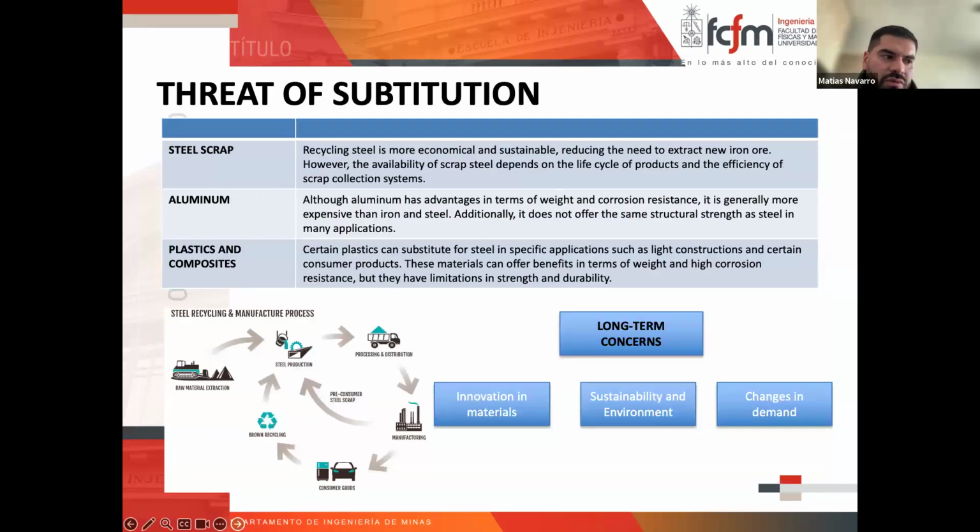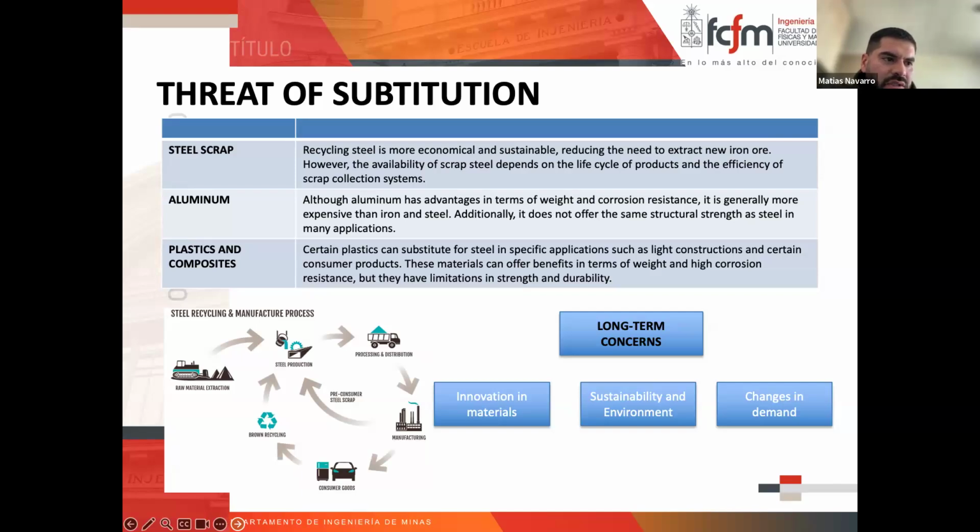Regarding threat of substitution, the closest substitutes in the iron market are steel scrap, aluminum, and plastic and composite. In summary, in the short term, we think that the threat of substitution is low because current substitutes such as aluminum and composite cannot fully match the properties and cost of iron and steel in many industrial and construction applications.